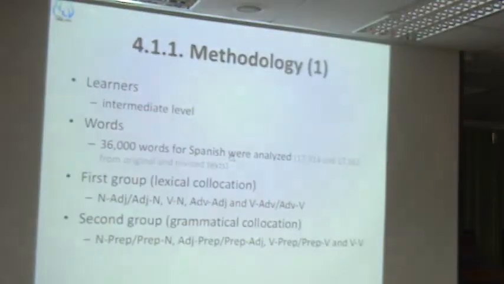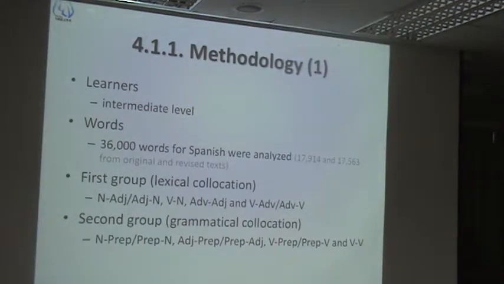Our methodology focuses on intermediate-level learners, and the words we analyze total around 36,000 words of Spanish, half from the original text written by learners, and half from the revised text corrected by native speakers of Spanish.